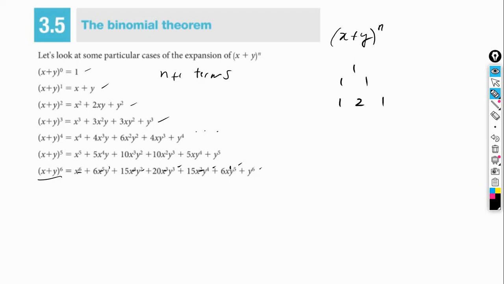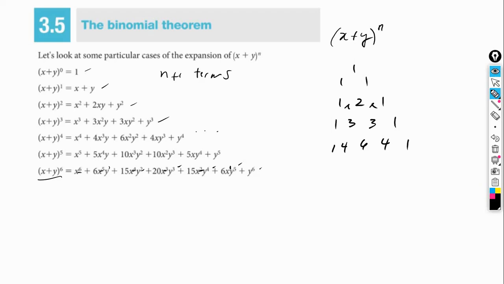For the cubic, we get 1, 3, 3, and 1. That's the same as adding 1 plus 2 and 2 plus 1 and just keeping the outside coefficients as 1. Then 1, 4, 6, 4, 1.